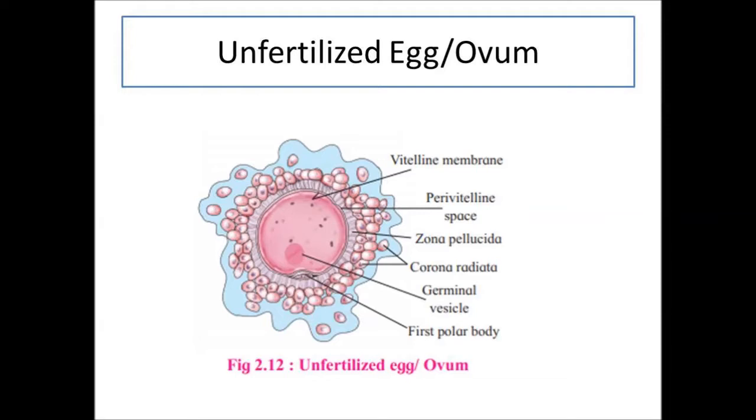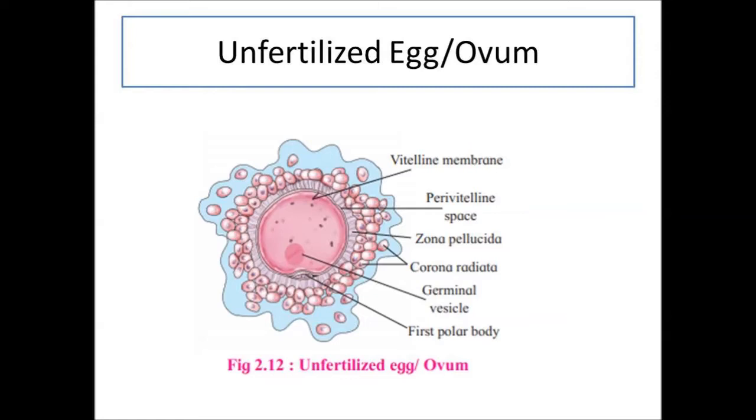The side having the germinal vesicle and first polar body is called the animal pole, while the side opposite to it is called the vegetal pole. This is the structure of the secondary oocyte, egg or the ovum.